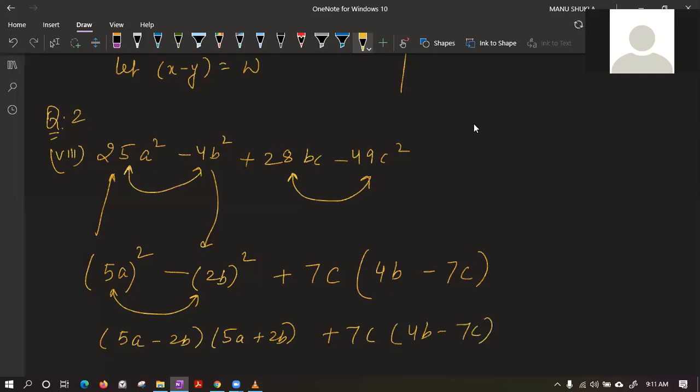Is this the factorized form? No. Can you factorize it further? Can you take anything common? No, we are stuck. So this way is not taking us to the destination.